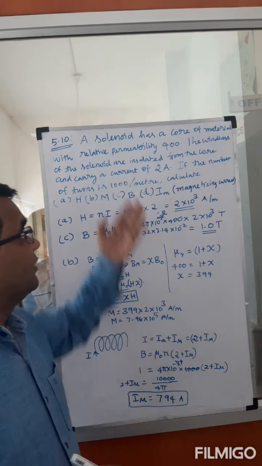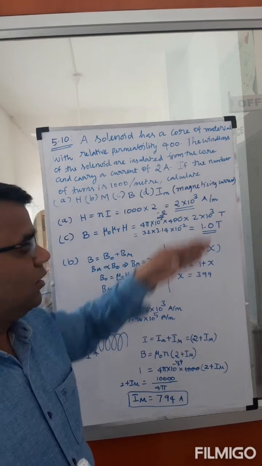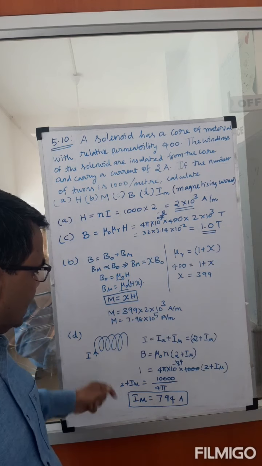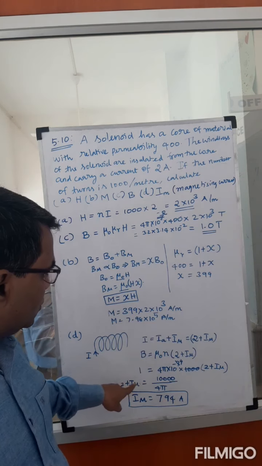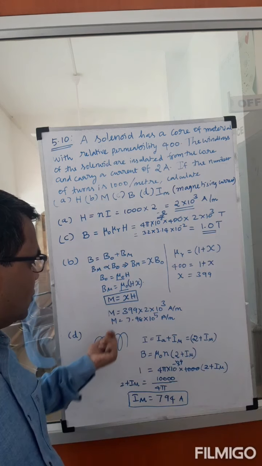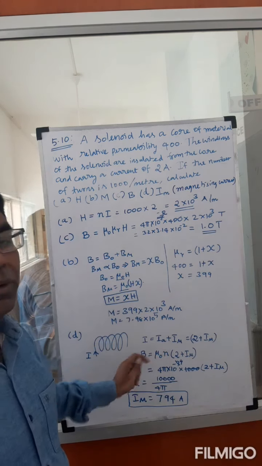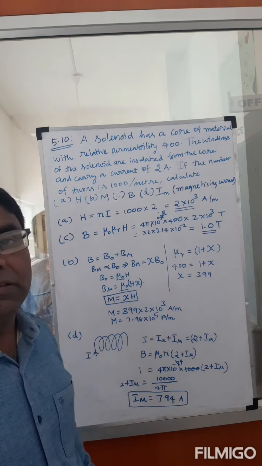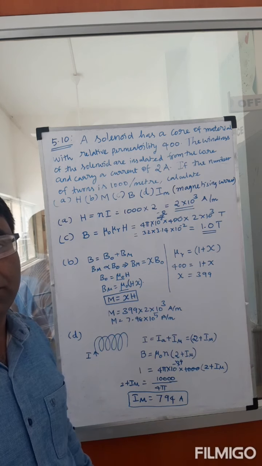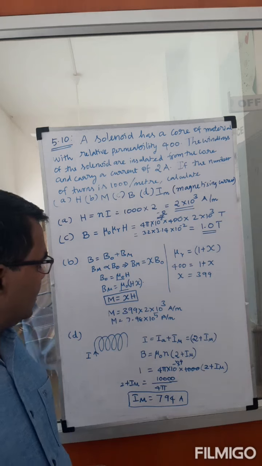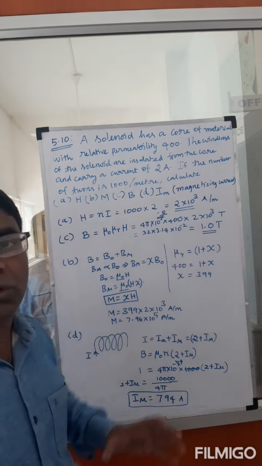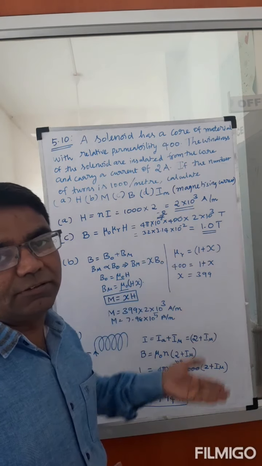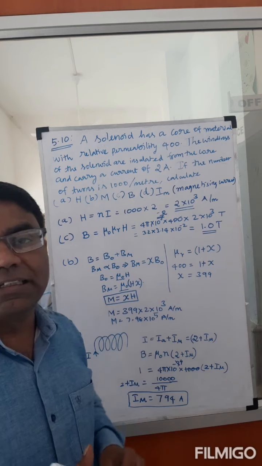So what it means is that if I don't have this core, and if I need to produce the same B, then I should be passing 794 plus 2, 796 amperes through this to produce a B of 1 Tesla. A huge amount of current would be required to produce the same magnetic field strength. So having a core greatly reduces the amount of current you need to pass through the wire to produce a magnetic field of a certain value.